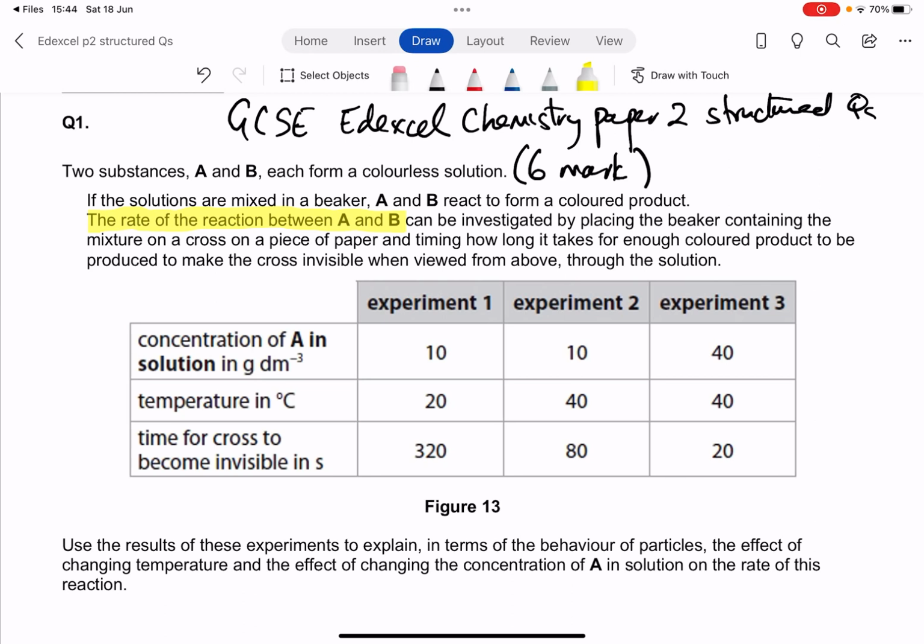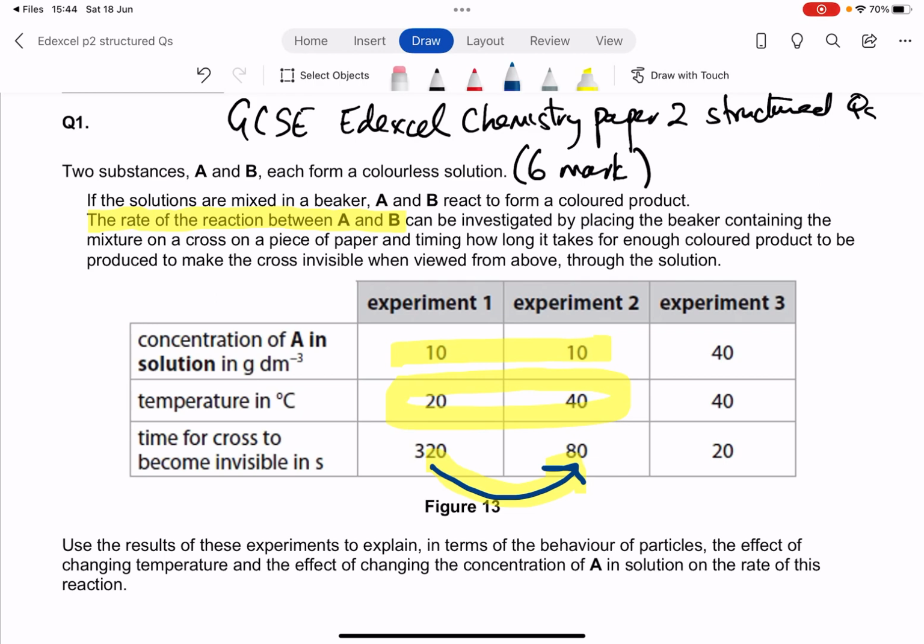In experiments 1 and 2, there is no change in concentration. There is a change in temperature, and what we notice is that the rate has increased. The time taken for the cross to disappear from experiment 1 to 2 has gone from 320 seconds to 80 seconds.